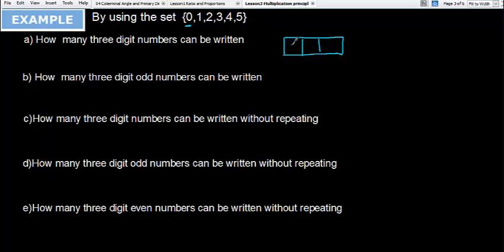But here it is 5 times 6 times 6, because for the first digit 0 is not possible, so 0 cannot be in the first place. It is equal to 180 different three-digit numbers that can be written by using the set 0, 1, 2, 3, 4, 5.